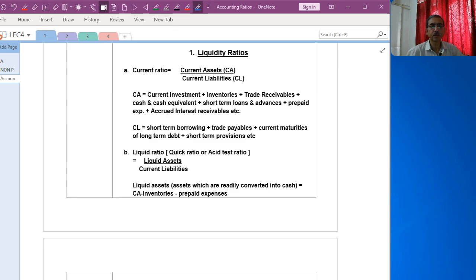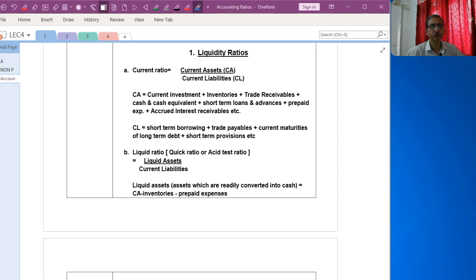We checked liquidity ratios, and in liquidity ratios we saw the current ratio and the liquid ratio. We understood that liquidity ratios are those ratios which measure the short-term obligation paying ability of an entity.